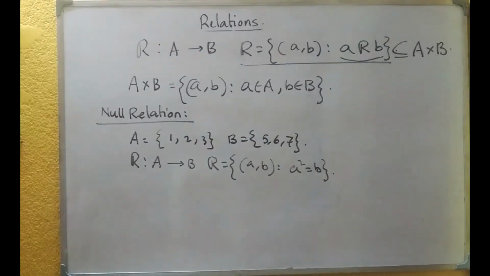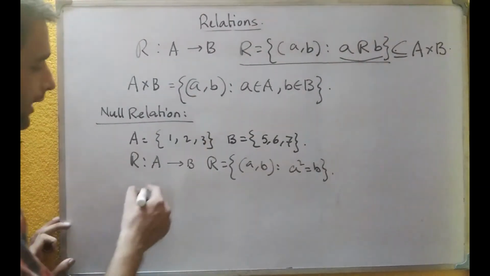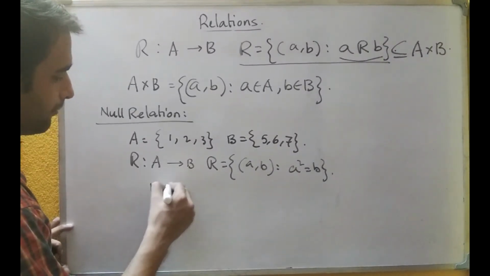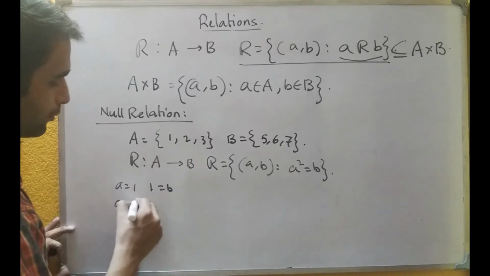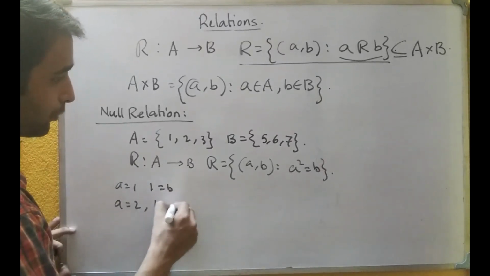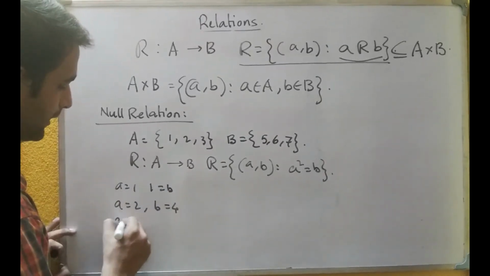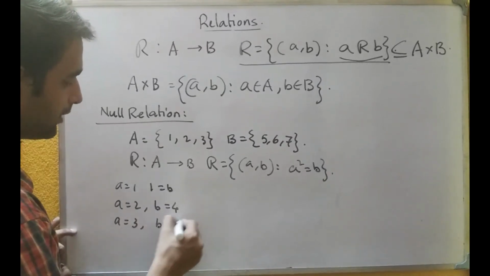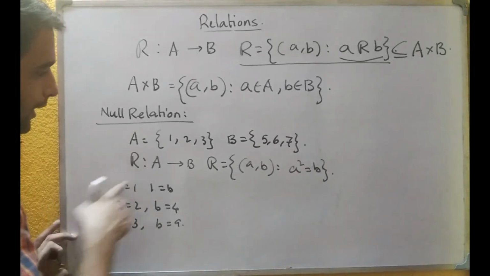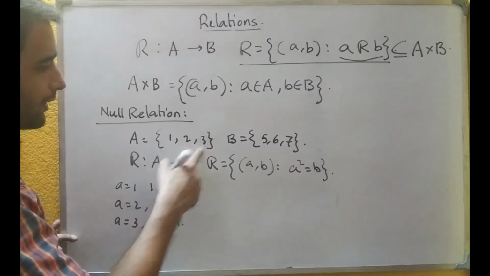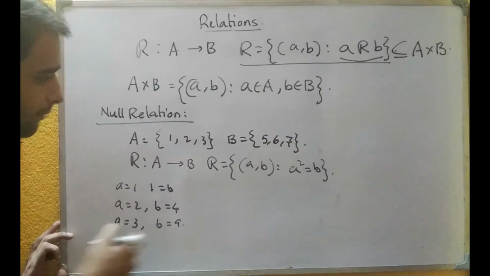See, it is not happening here, because if you take a as 1, then b should be 1. If you take a as 2, then b should be 4. If you take a as 3, then b should be 9. So none of the elements of A are related to the elements of B by this relation.